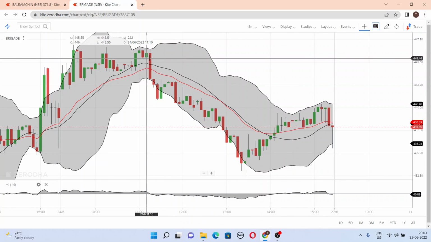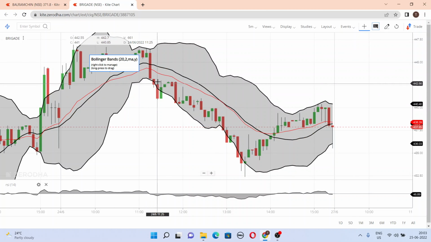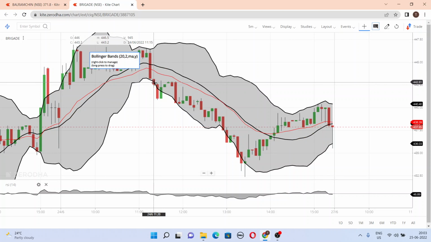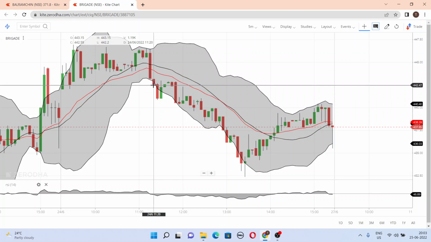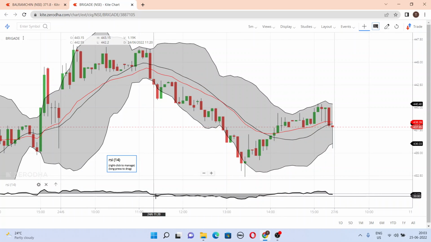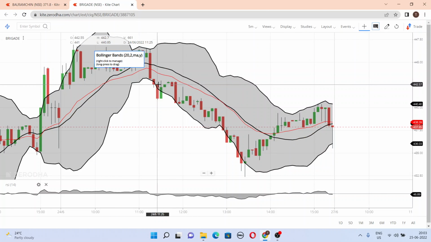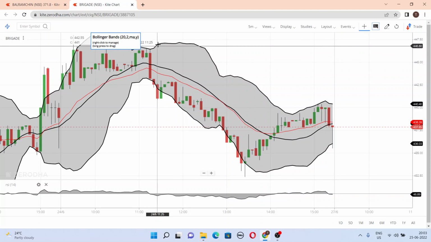So now in terms of a short entry, where should I take an entry? Basically the candle has to close below the lower band of my Bollinger Band. I wait for the close of this candle, and my RSI should be below 50. Now both conditions have been met, and I take an entry for a short trade on the opening of the next candle, which is over here, at a price of 442.6 with a stop loss of around 447, right?